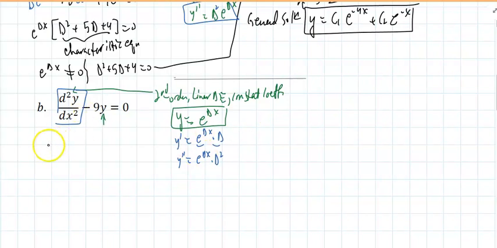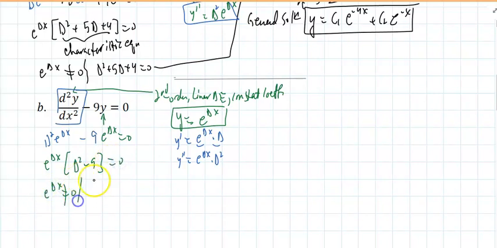If I fill in the blanks, I'm looking at d squared e to the dx minus 9 e to the dx equals 0. You factor out e to the dx, that's d squared minus 9 equals 0. That means e to the dx equals 0 can never happen. Or d squared minus 9 equals 0, that means d equals plus or minus 3.